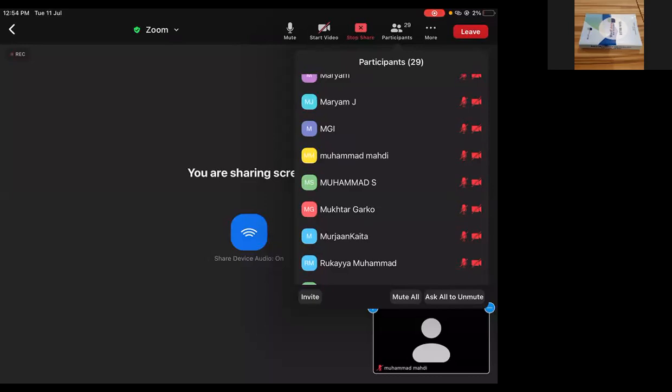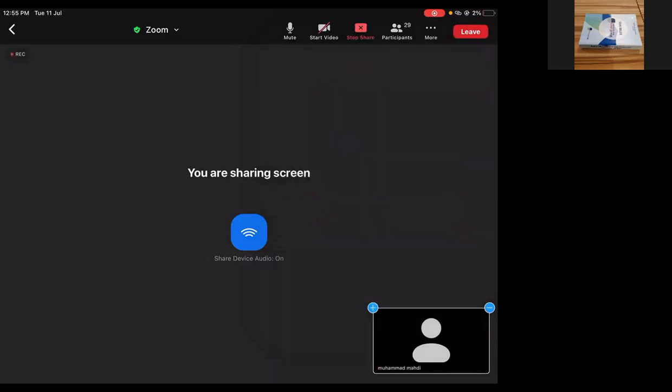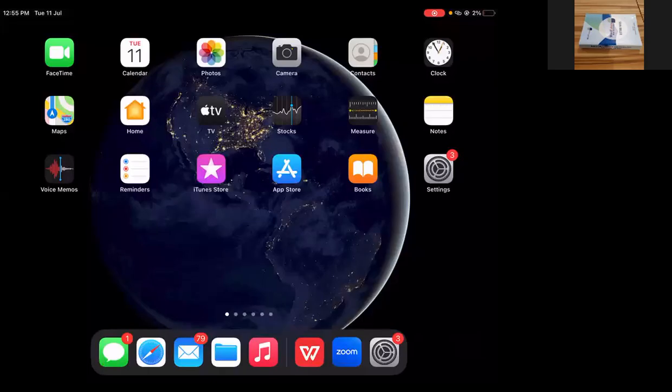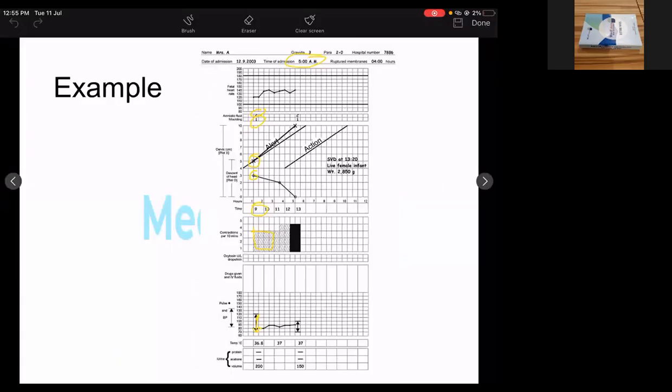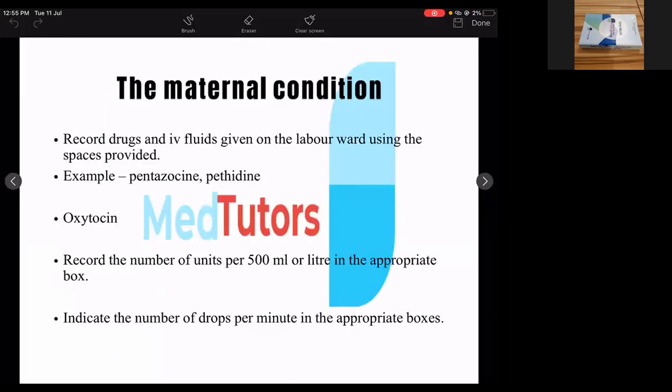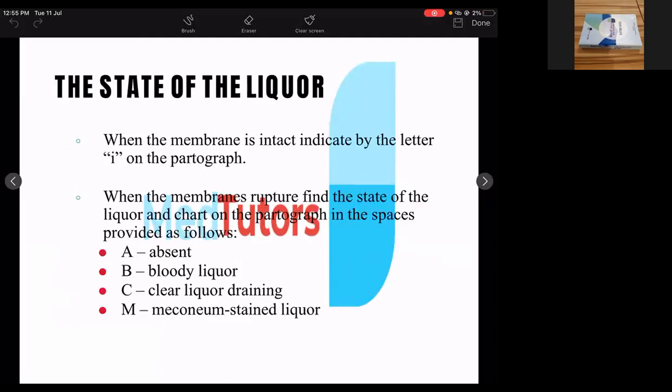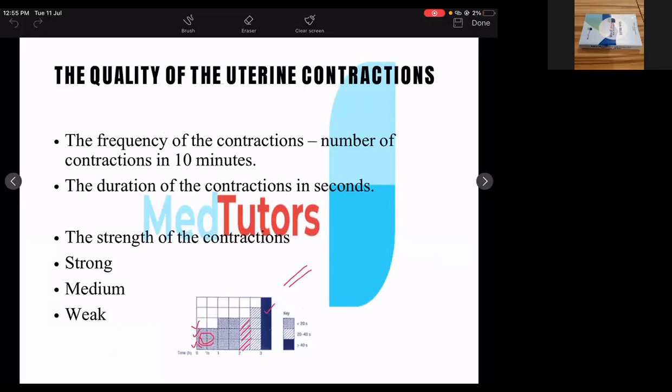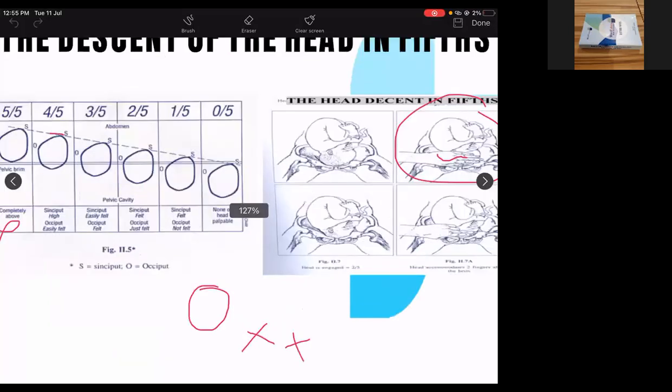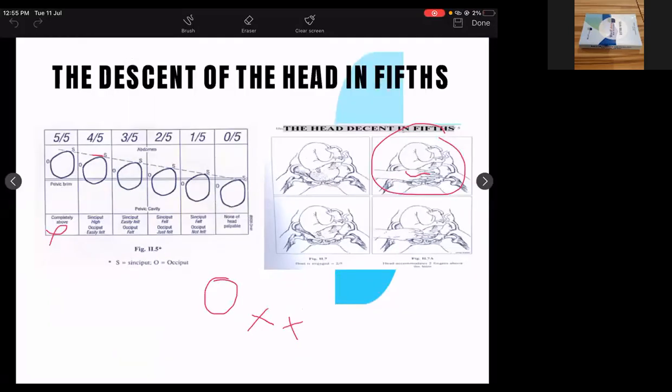For the descent, can you please explain it again, please? The descent. Okay, no problem. So descent is determined during abdominal examination. You place your hand on the lower part of the abdomen around the pubic area.